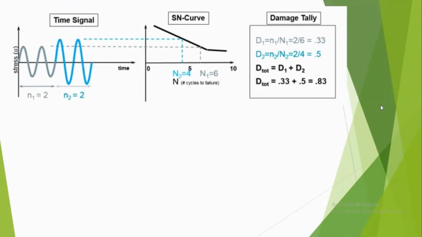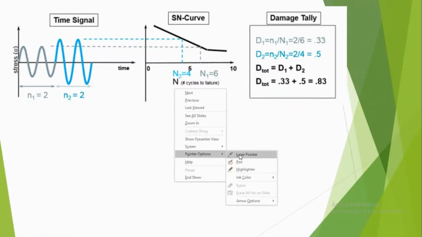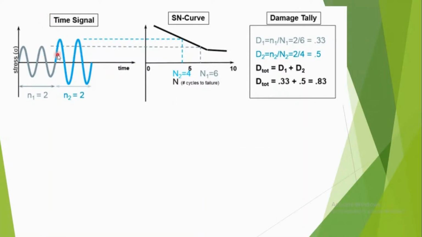Suppose there are two cycles here. One is the N1 cycle, which runs for two cycles, and N2 also runs for two cycles. The color cycle has a total life of four cycles, and the gray color cycle has a total life of six cycles.